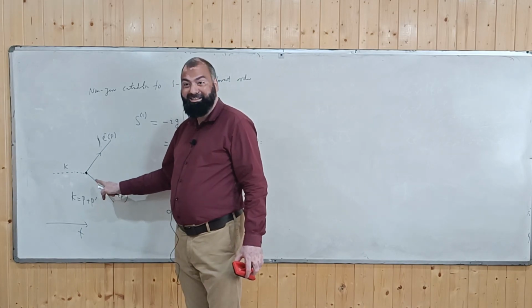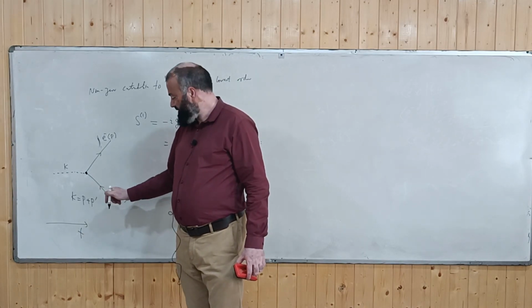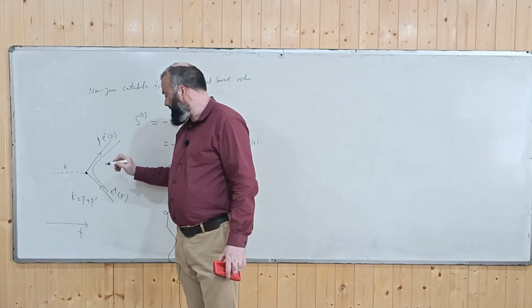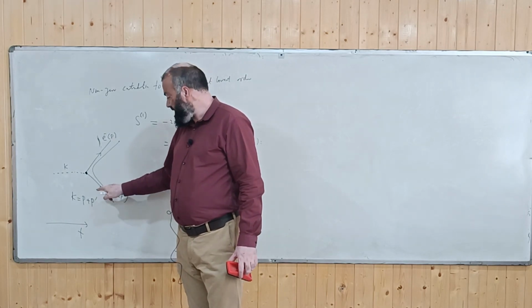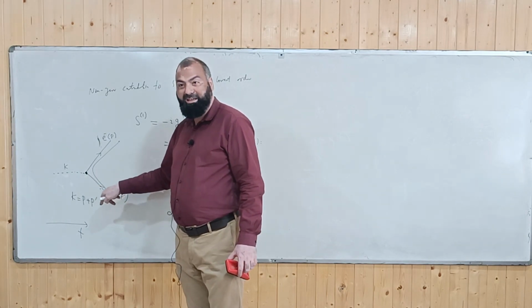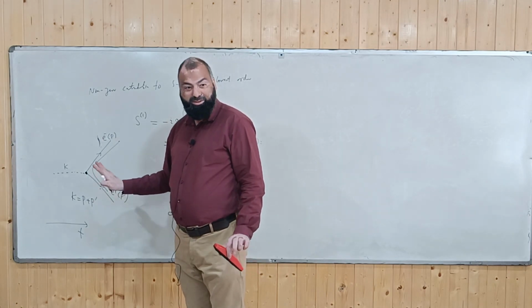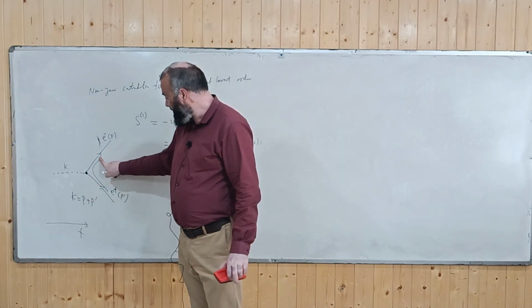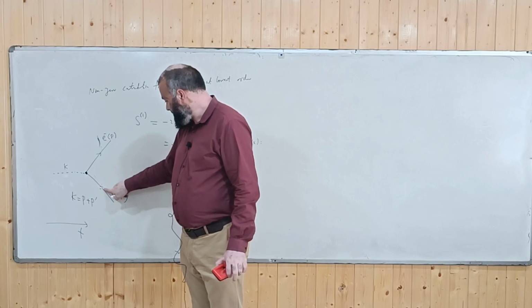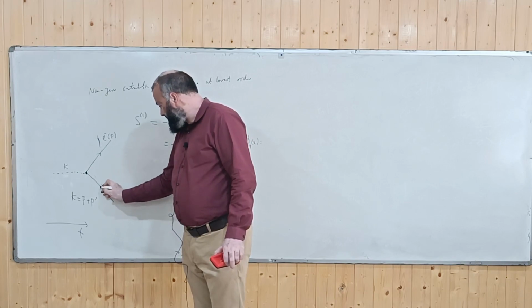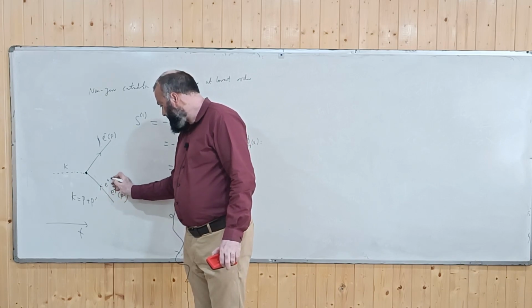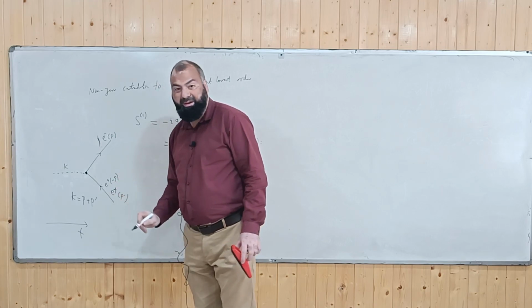Do you see that there is a directional continuity? You cannot put the arrow in this direction, then the directionality breaks down. Understood? So this positron is moving towards the vertex with the momentum -v.